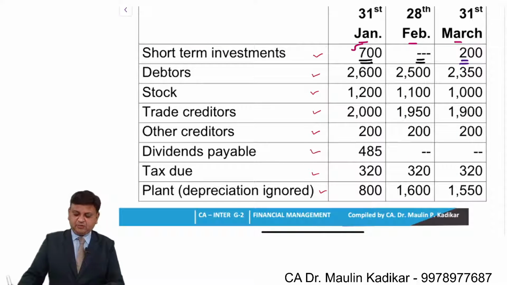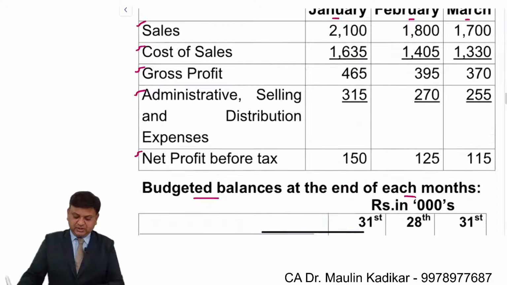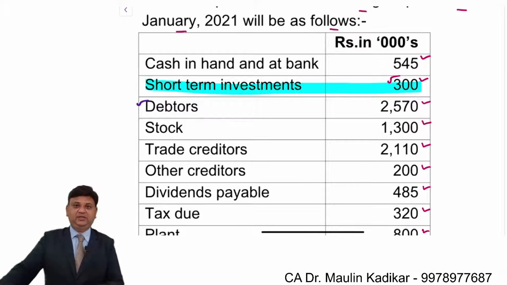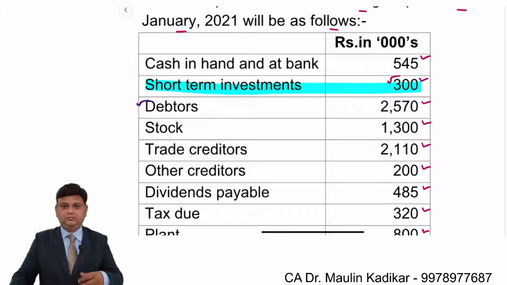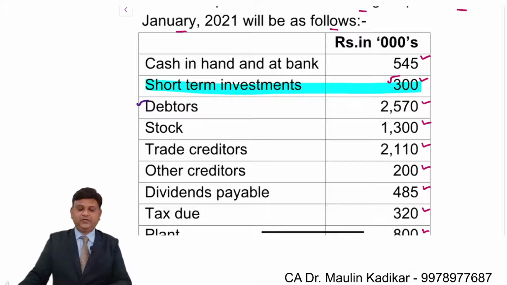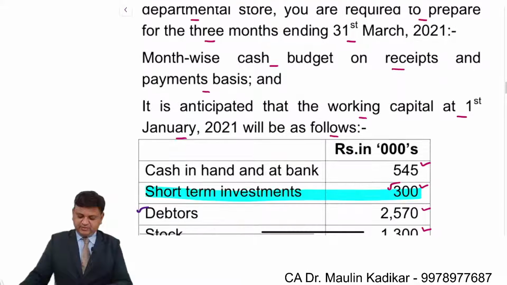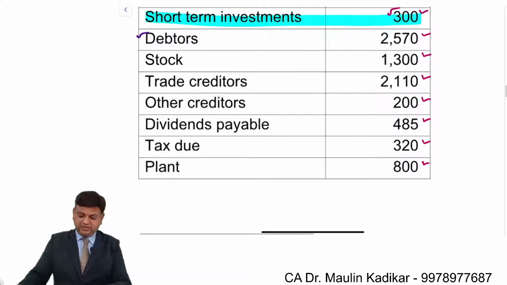I want somebody of you to tell me in the chat box what must be the transaction with respect to the debtors in the month of only January. So friends, as per the given information, on 1st of January, opening balance is 2570.